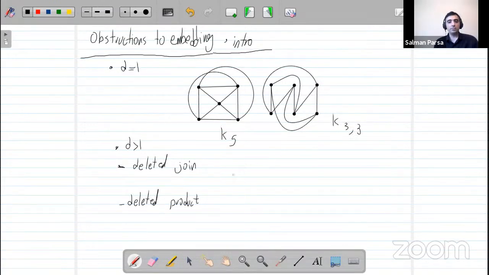And we know by Kuratowski's theorem that a graph is non-planar if and only if it has some subgraph which is homeomorphic to one of these two. So we can think of these subcomplexes as some kind of obstruction to embeddability of a graph.